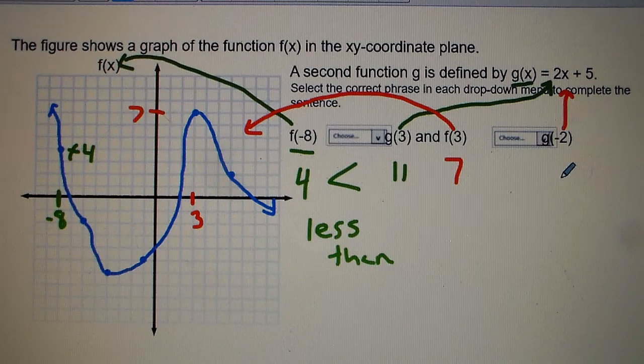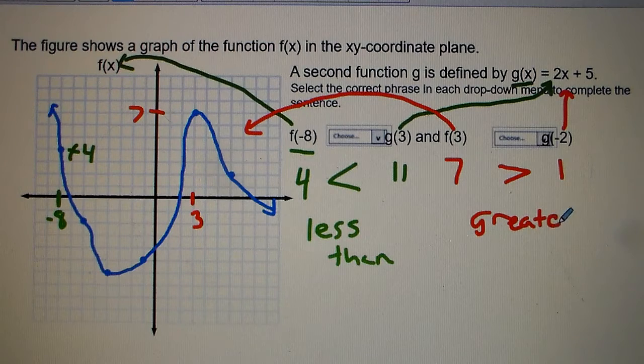Negative 4 plus 5 gets you 1. Is 7 less than 1, equal to 1, or greater than 1? Well, 7 is greater than 1, so this is going to be greater than. So reading it left to right, as far as our multiple choice, we have less than, then greater than.